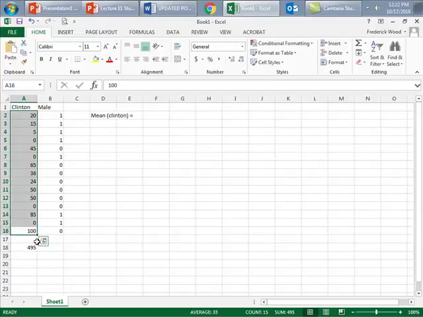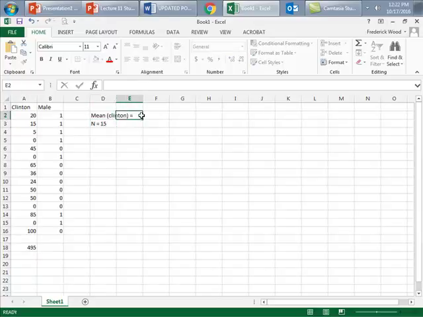We have 15. So our n is equal to 15. Our mean is 495 divided by 15. Oops, I forgot the equal sign. It's 33. Wow, you guys are rough.